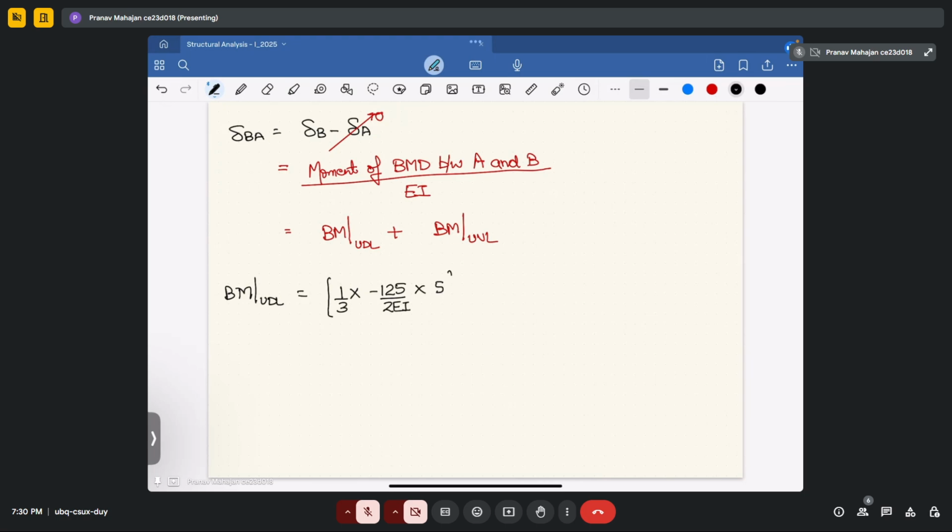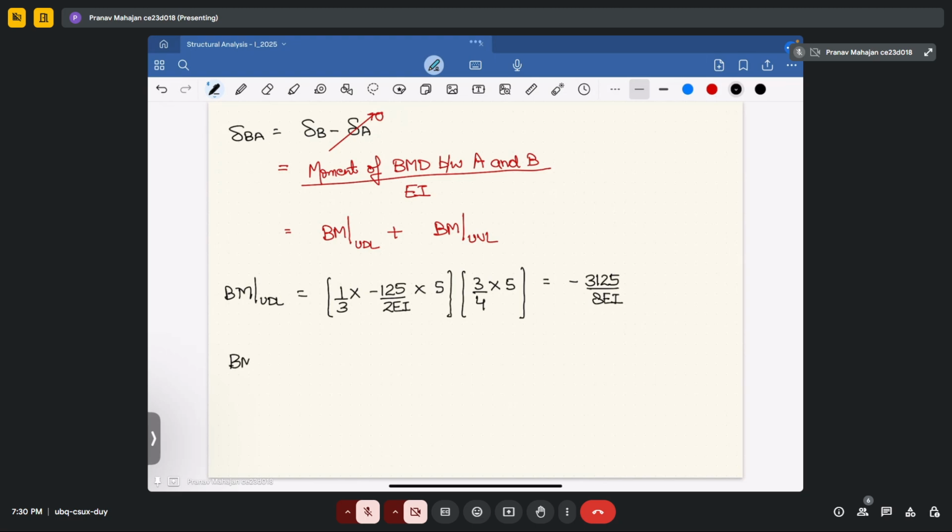Now you have to take moment of this area. How you will take? This will be equal to, since you are taking from the point B, it will be equal to 3 by 4 of 5. Okay, and this will give you the value as minus 3125 divided by 8 EI.